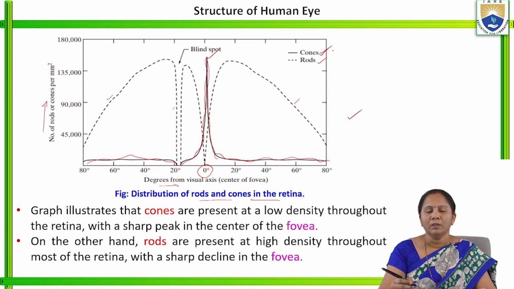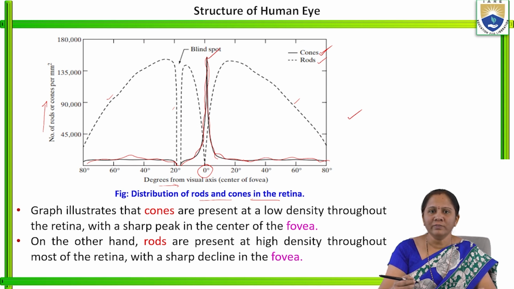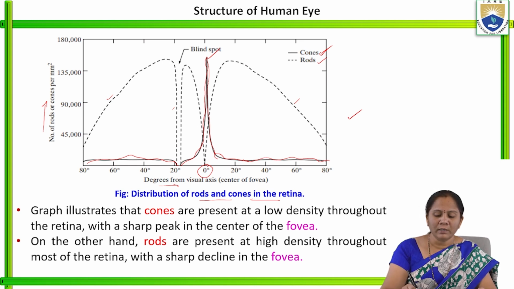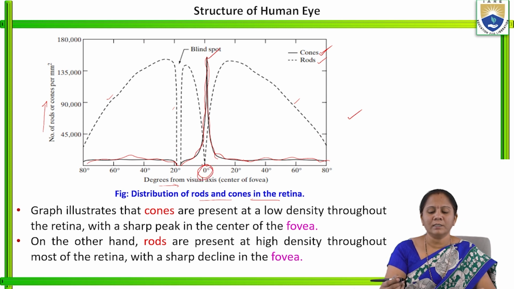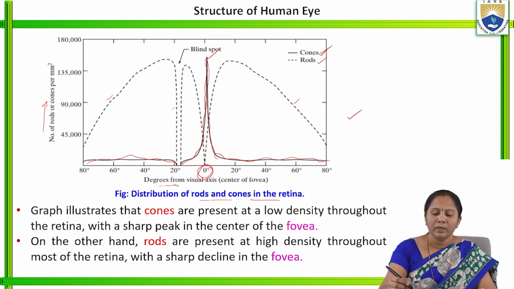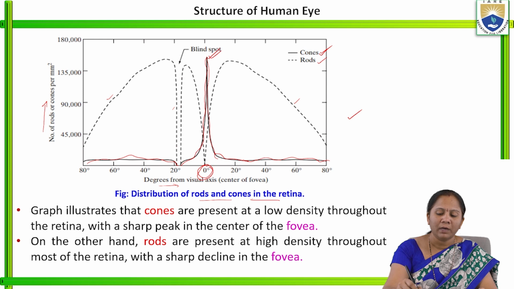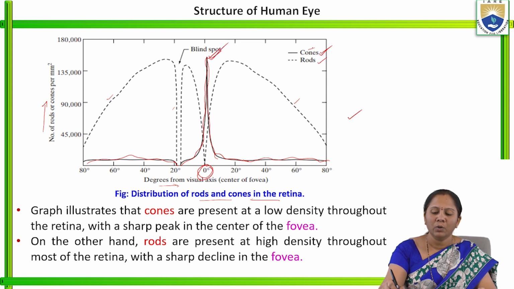Whenever light falls on the retina, it should fall especially at the center of the retina. So when the degree is 0, we will have high intensity for cones.